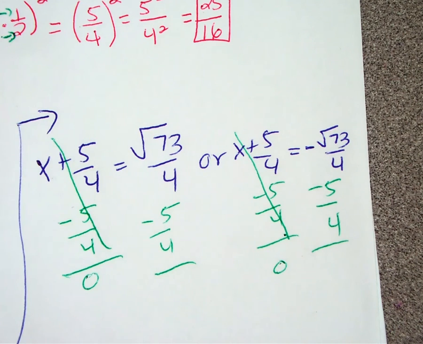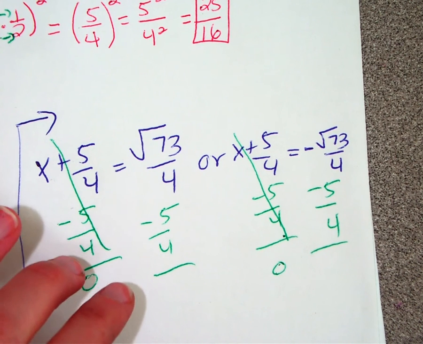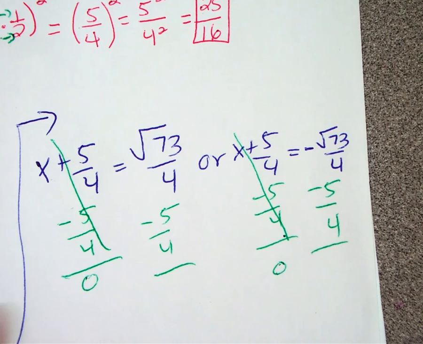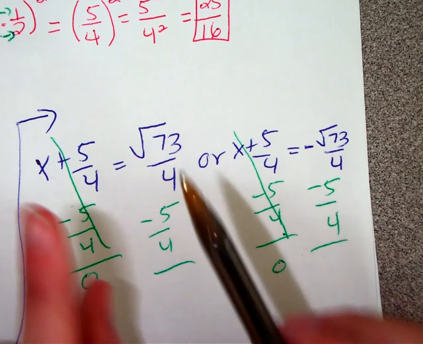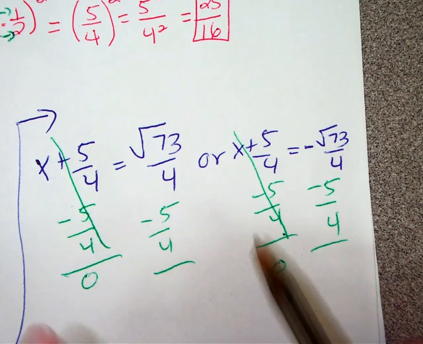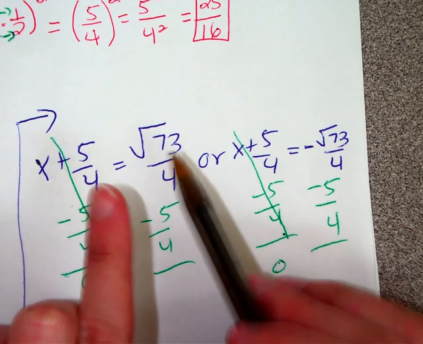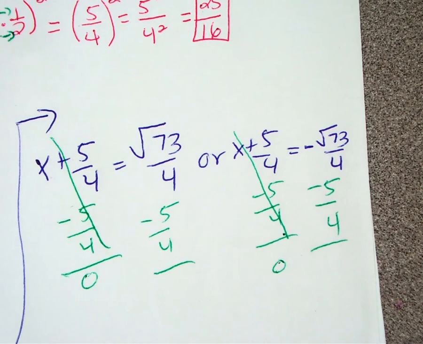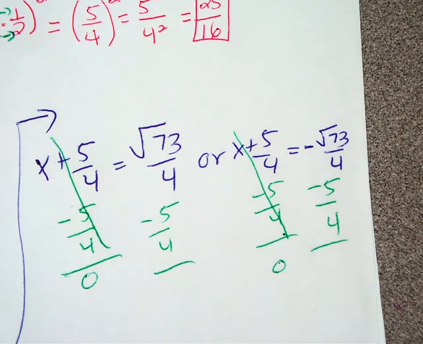Guys, now can I combine root 73 over 4 with 5 over 4? No, I can't, because those are not like terms. Okay, when you have a square root, it's only like other square roots. Okay, so if this one does not have a square root, you cannot add or subtract it to a fraction that has a square root. Okay, so I'm just going to write them side by side since they cannot be added together.